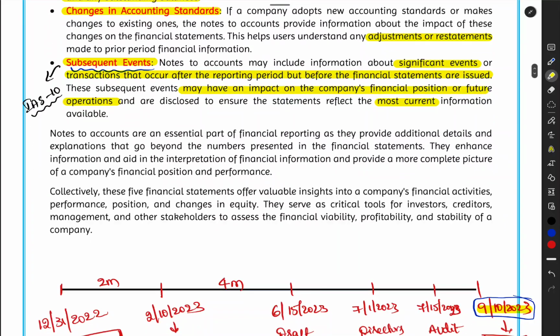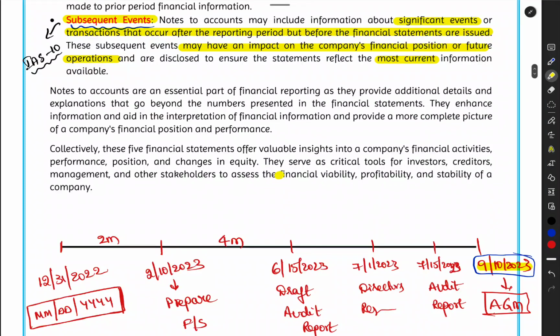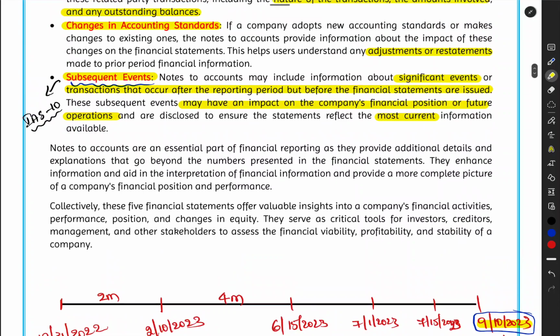All right, again, the last two paragraphs are just conclusion. This is very important. This is what it does. It gives you a more complete picture about the financial statements of the companies. It will talk about financial viability, profitability, stability of the company. You will know about all these things when you read the financial statements. But this is one point which you should know.